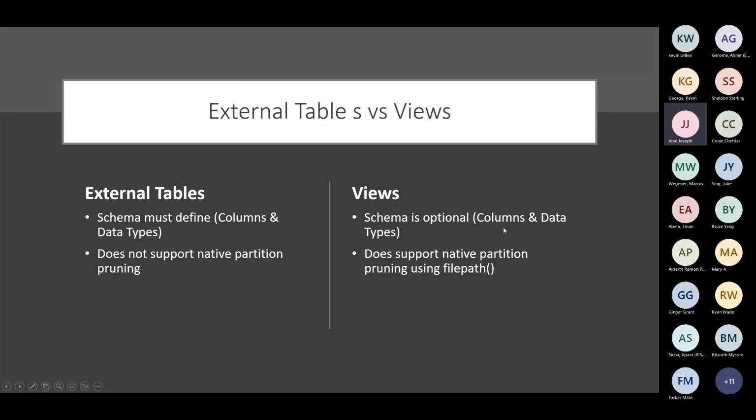Whereas with a view, you can specify the column names if you want, and the data types. I would highly suggest you specify the data type, because the best way to optimize your workload in serverless SQL pool is to optimize for data type and also your data lake partitions. That matters. If you know your access pattern, partition your data lake based on that. It does support native partitioning for views.